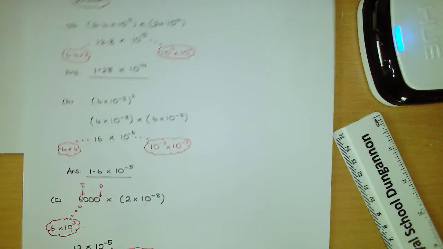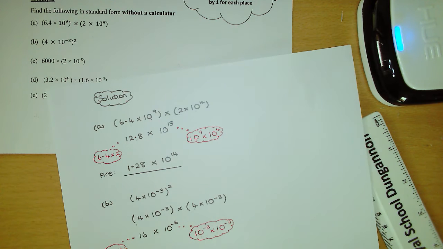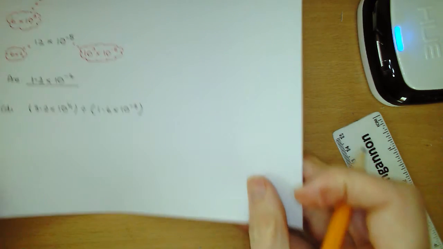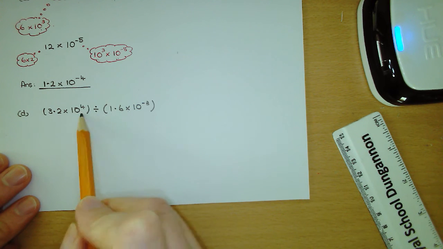Okay, part D. Now, part D, we're dividing two numbers that are in standard form.